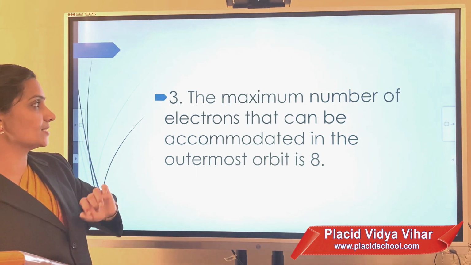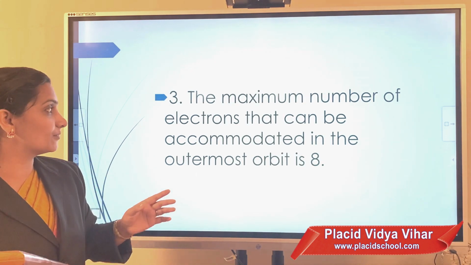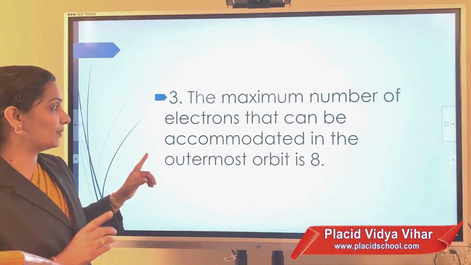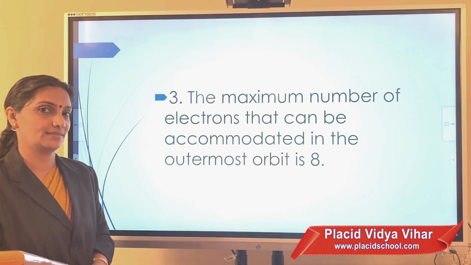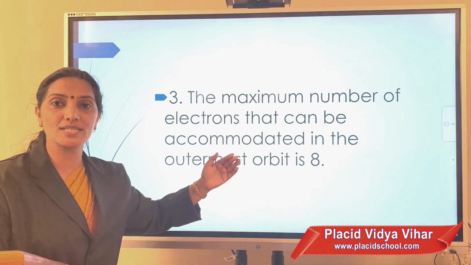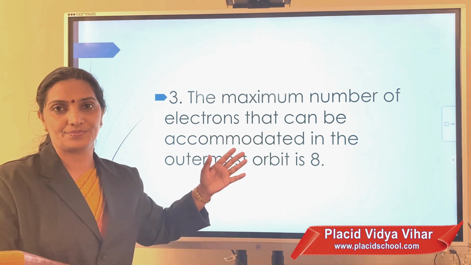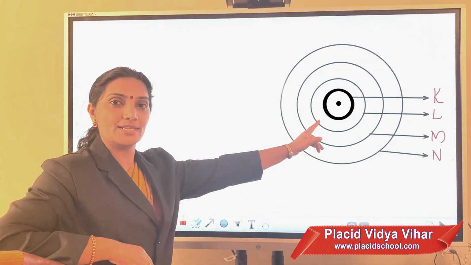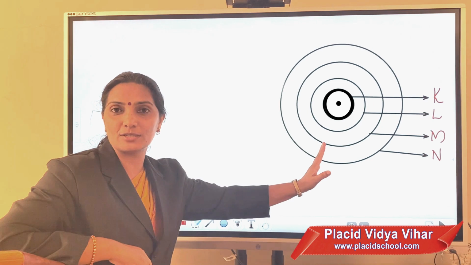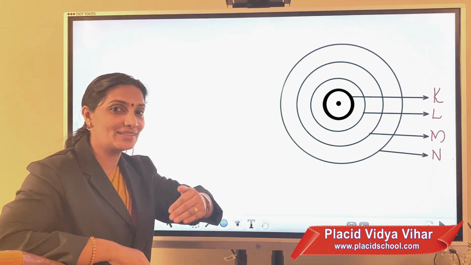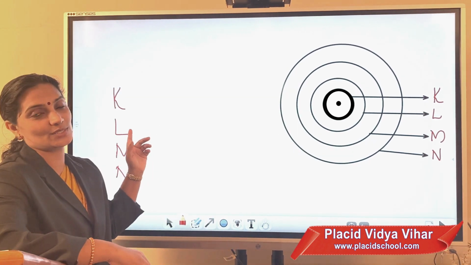The third point is that the maximum number of electrons that can be present in the outermost orbit is 8. These are the important rules in the Bohr-Bury scheme. Neutrons and protons are fixed in the nucleus, so no problem with these subatomic particles. The problem is with the arrangement of electrons only.